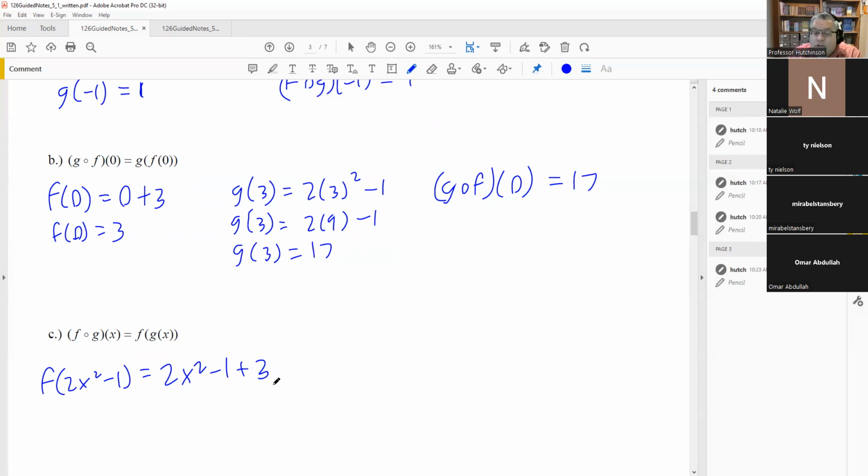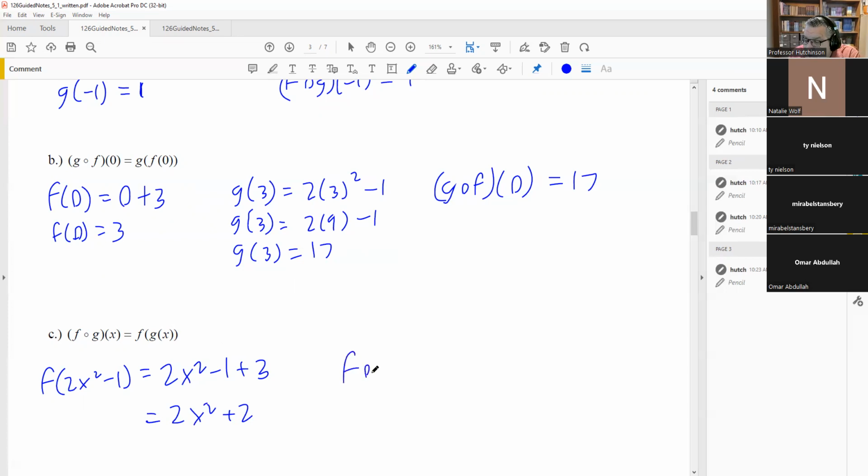The plus 3 was the rest of the formula that was there. It was f of x equals x plus 3. So that's where the plus 3 comes from. Now we just have to simplify this. 2x squared minus 1 plus 3 is going to be plus 2. And that's all we need to do on that one.